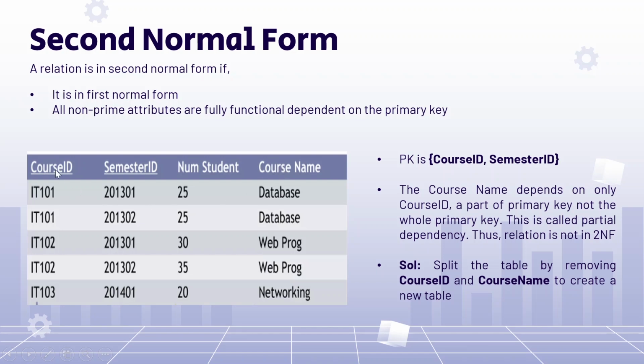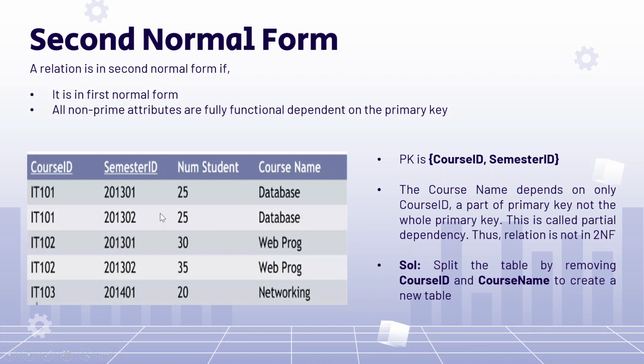But here course ID alone can also determine course name. So here occurs a partial dependency. I repeat, course ID and semester ID together can determine course name, whereas course ID alone can determine course name. So here occurs a partial dependency, and the table is not in 2NF form.